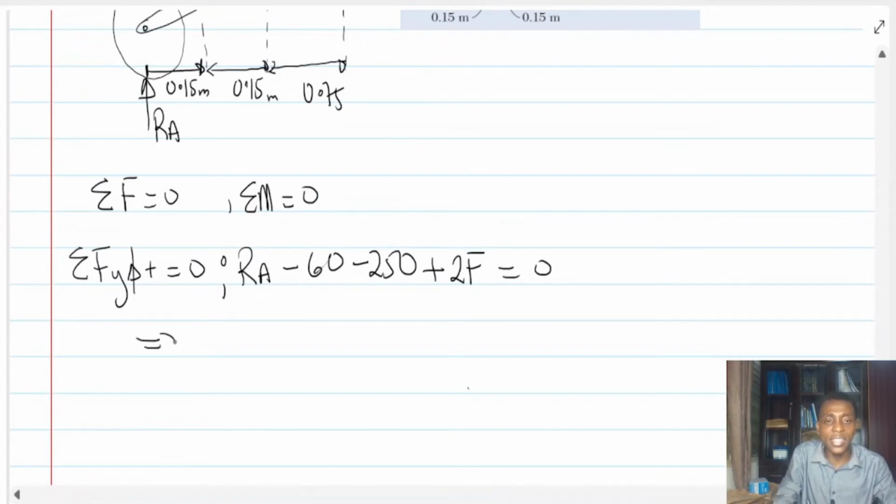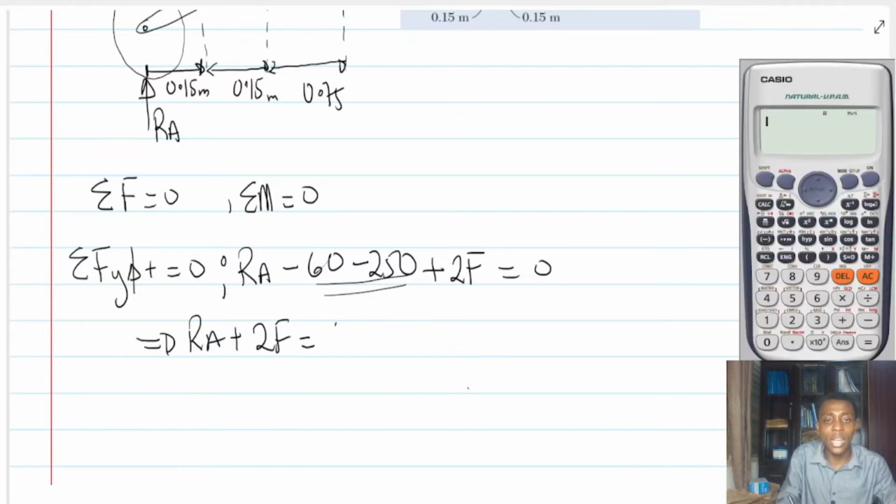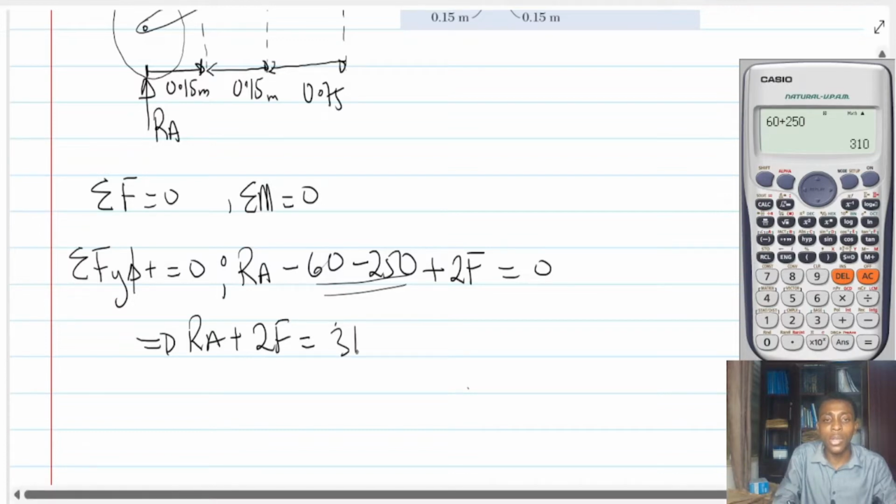In other words, RA plus 2F should be equal to 60 plus 250. What is 60 plus 250? Let's pick our calculators. 310. Very good. Let's call this equation 1.